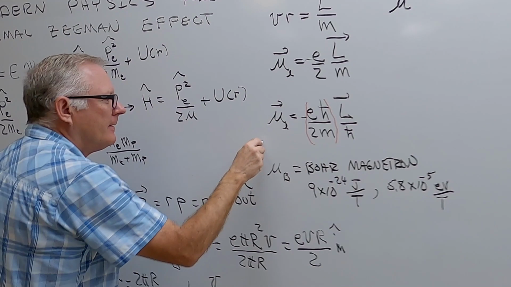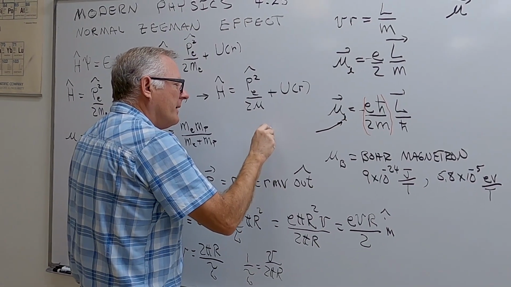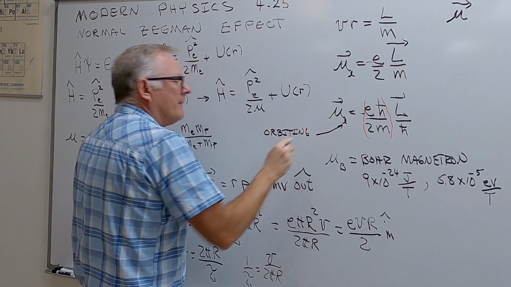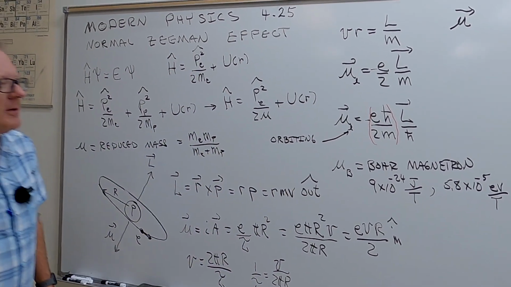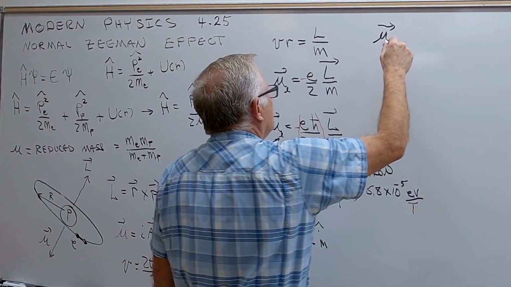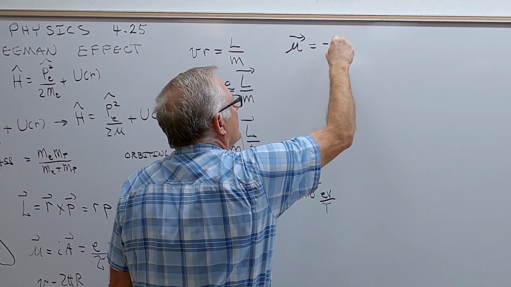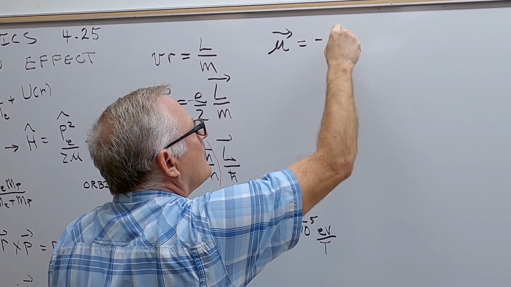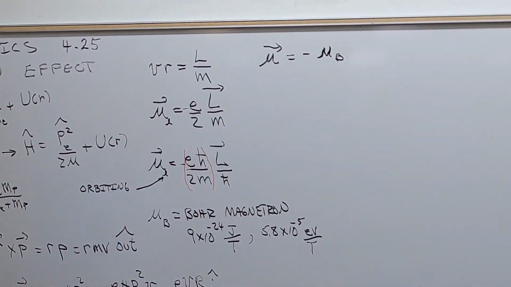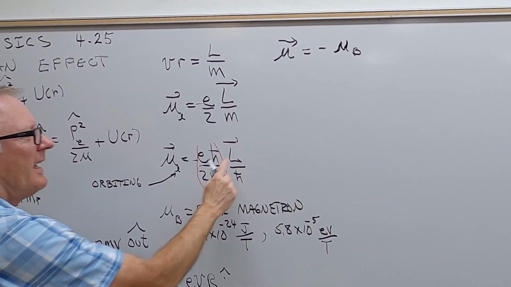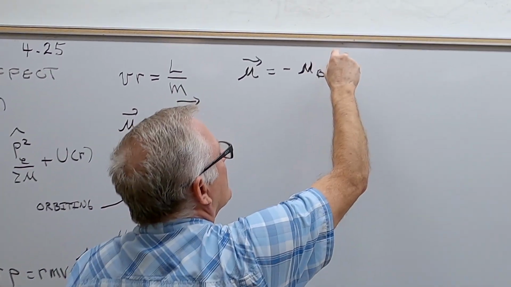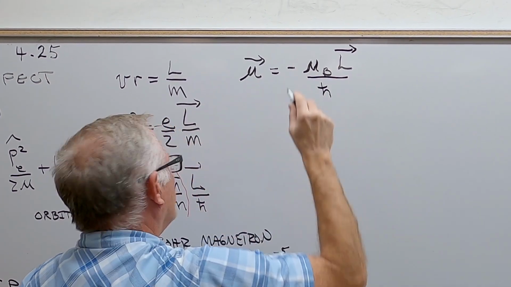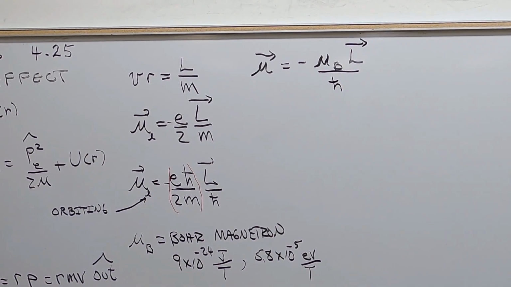So this becomes mu_L is just equal to minus mu b L over h bar.